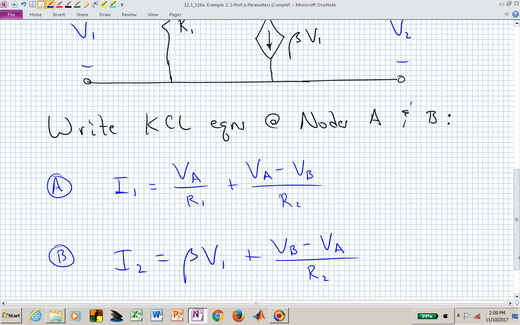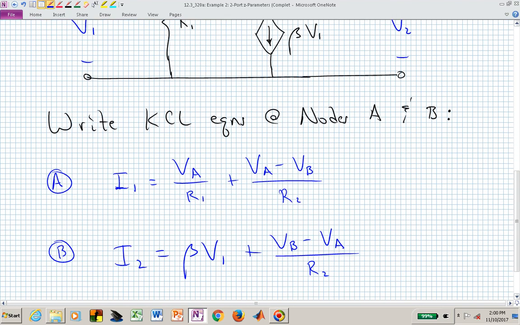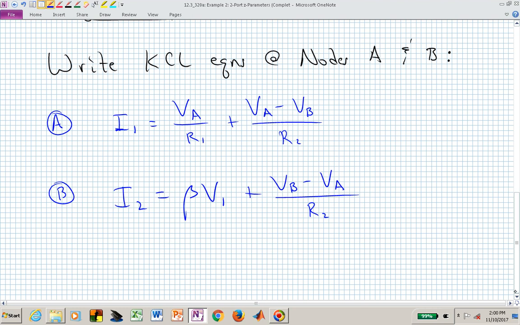But what we have are equations involving V1, V sub A, V sub B, and I1 and I2. We actually need equations that contain I1, I2, V1, and V sub 2.